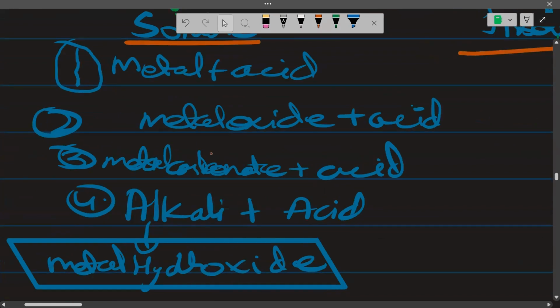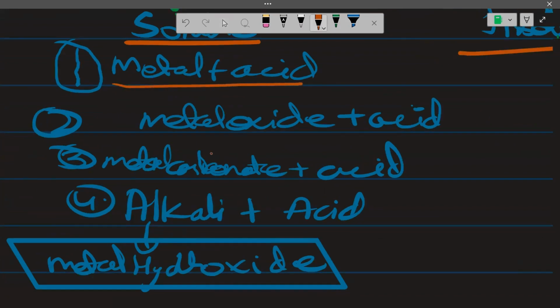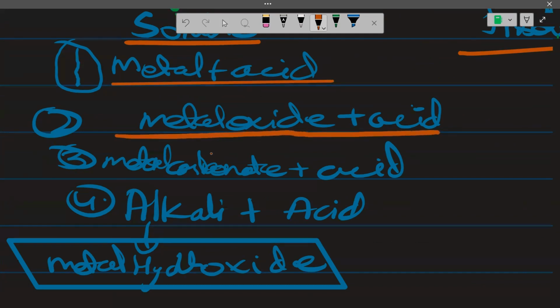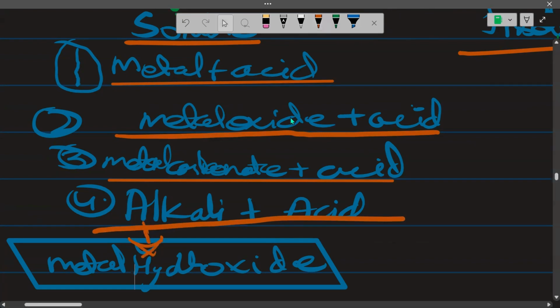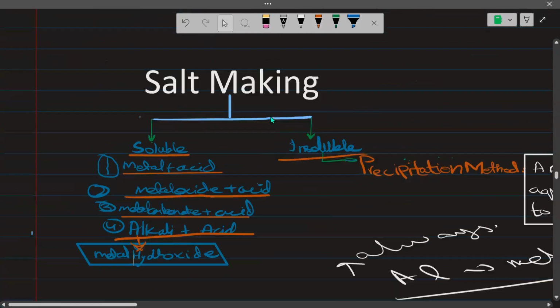What are they? First of all, when we react a metal with an acid. The second one is a metal oxide with an acid. The third one is a metal carbonate with an acid, and the fourth one is an alkali with an acid. Alkali basically means metal hydroxide. So these are the four ways we make a soluble salt.